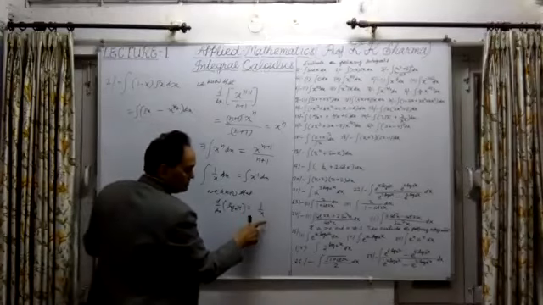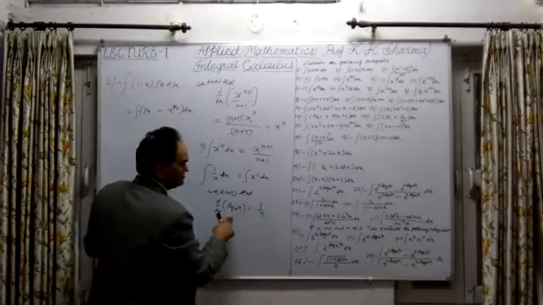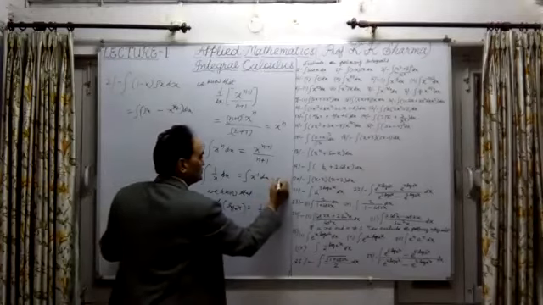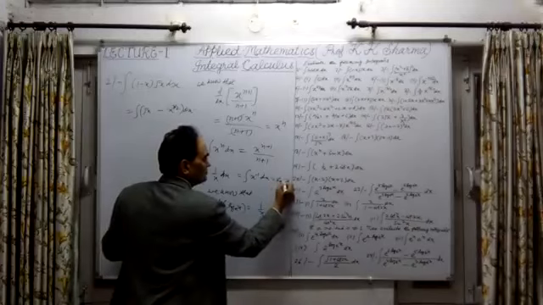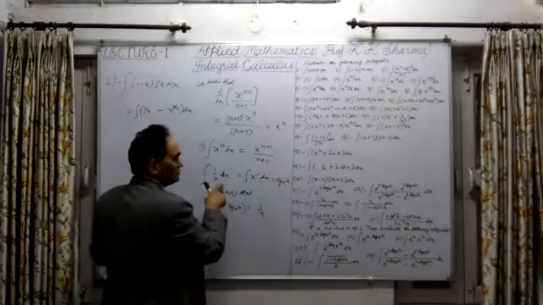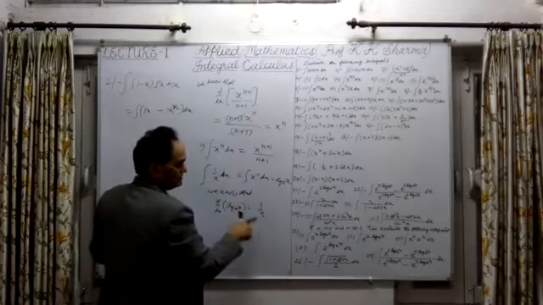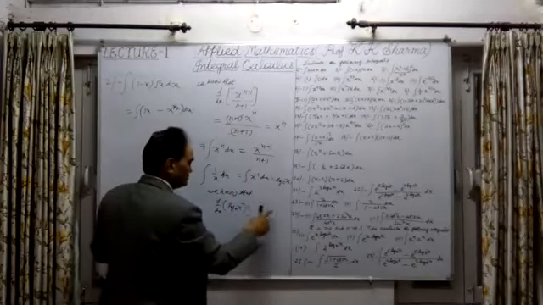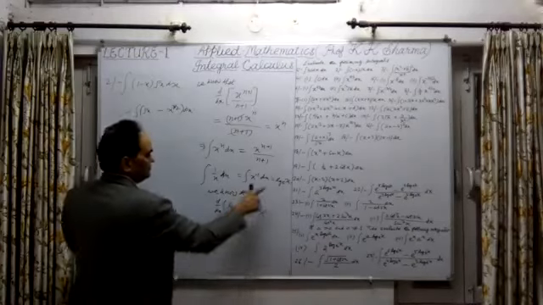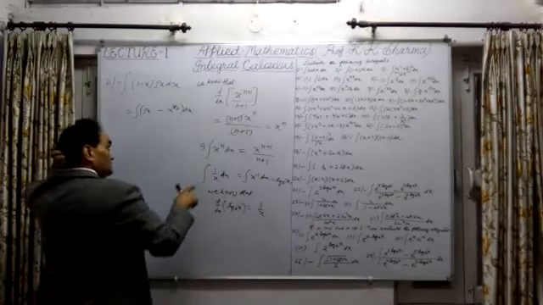Therefore, the integration of 1 upon x is equal to log x, log of x to the base e. We know that the differentiation of log x is 1 upon x. Therefore, the integration of 1 upon x is log x. These are two functions which we have to know about.